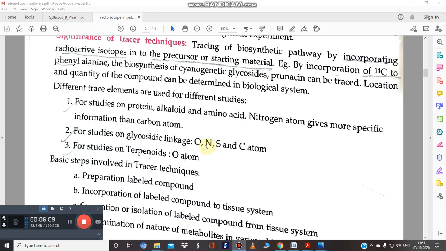Because we have already covered glycosides, in the classification there are C glycosides, S glycosides, O glycosides and N glycosides, so that's why we are using them. And alkaloids are nitrogen-containing compounds, so we use nitrogen as a radioisotope for monitoring in the biosynthetic pathway.